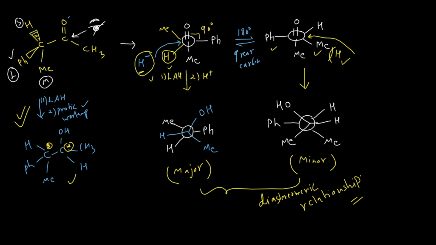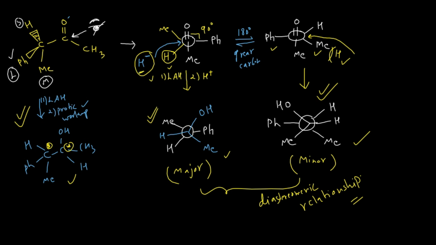If you know how to give the RS configuration to this Newman projection, then it is fine. If you don't know how to give the configuration to these, there is a way to give the configuration to these isomers, which I have discussed in the case of Cram's rule as well.